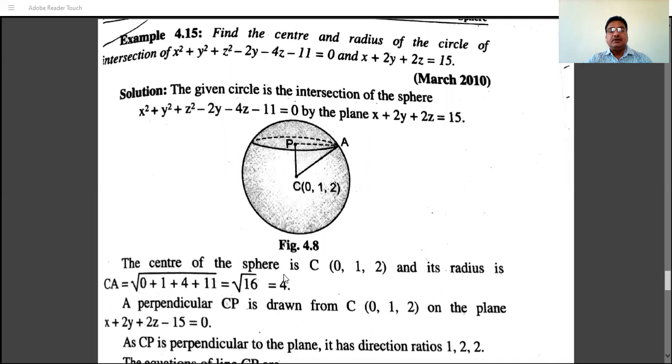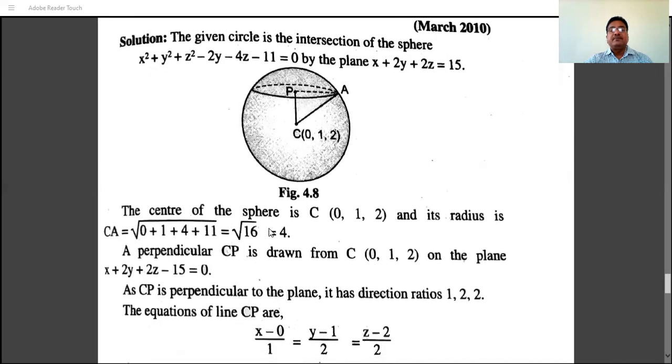So we have 4 as the radius of the sphere, not the circle. So first find the center and radius, that is CA. Here A is a point of intersection of the plane and sphere, common to both. Therefore this CA becomes a radius of the sphere and it is equal to 4.